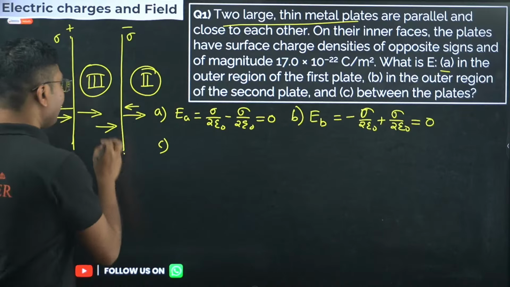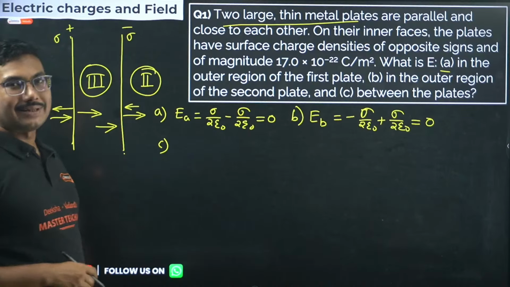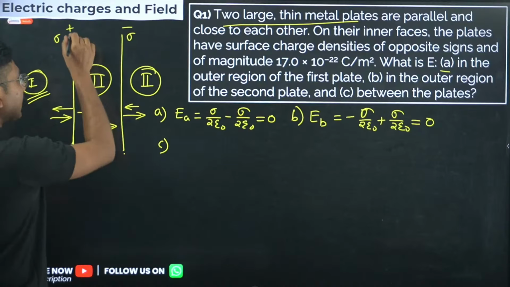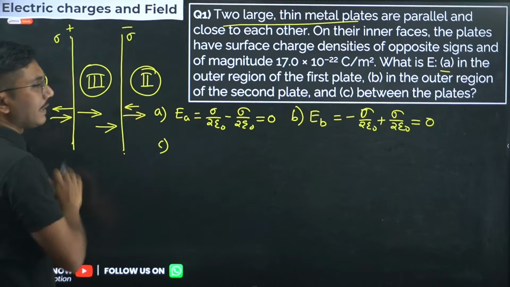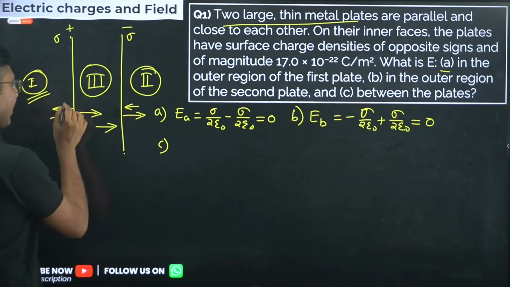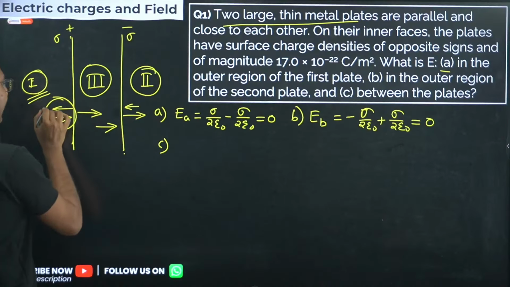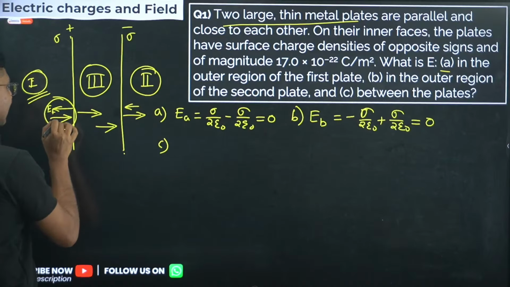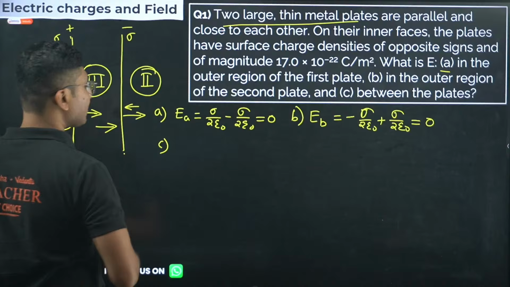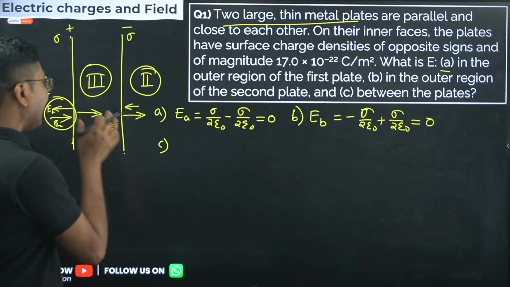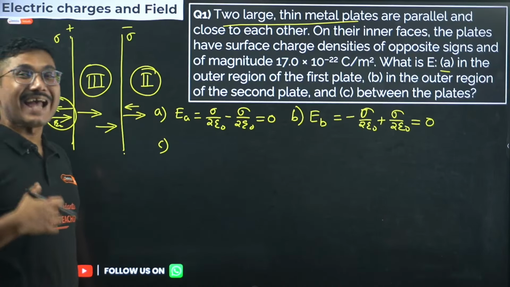So in between the plates the electric fields add up in the same direction, whereas outside the plates E plus and E minus are in opposite directions. That's why they cancel each other.